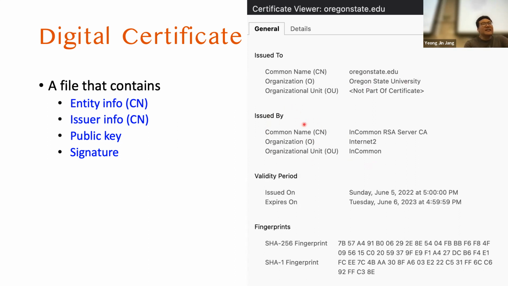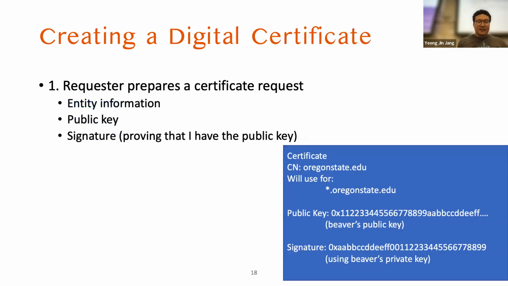Let me guide you through how the entire PKI works, starting from the next slide. In the first phase, suppose OregonState.edu wants to run a web server securely. To do that, they need to get a certificate. The entity that requires a certificate creates a so-called certificate request.